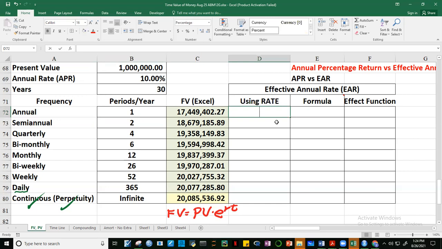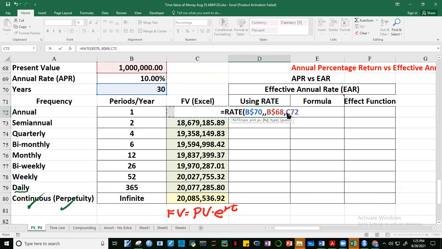And we can use the rate function in Excel. So rate, our NPER is 30 years. So let's fix that, comma, PMT we ignore because it's not a PMT, comma, present value is 1 million, fix that, comma, future value is the given future value.